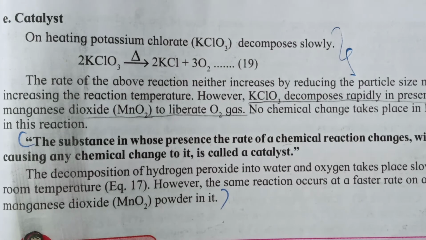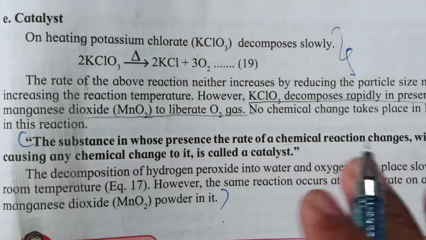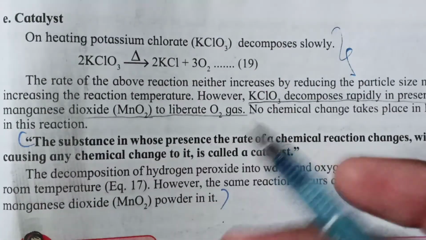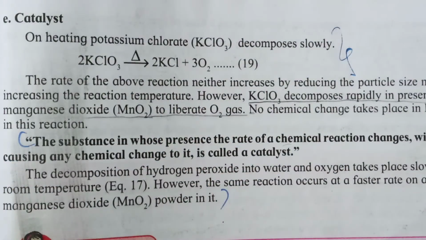Now this manganese dioxide is nothing but a catalyst. When none of the other properties which increase the rate of reaction work, we have to use a catalyst, and a catalyst will definitely increase the speed of your reaction. What happened here is that when we heated potassium chlorate, it decomposed very slowly. It took a large amount of time, and when we increased or decreased the particle size, the same happened, and the same happened when we increased the temperature.